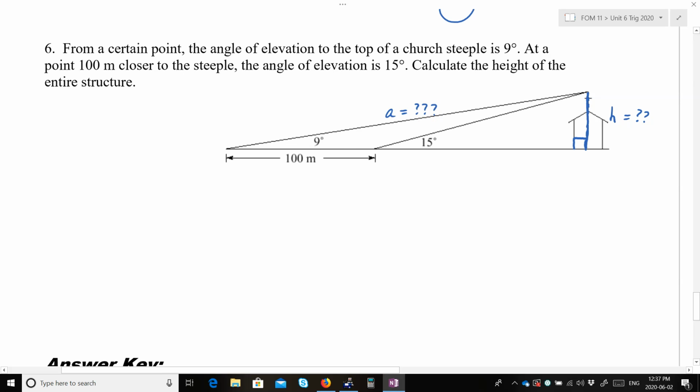Okay, and we can do that because we can figure out this angle right here. If that's 15, notice that those two angles make up a straight line. You'd go 180 minus 15.